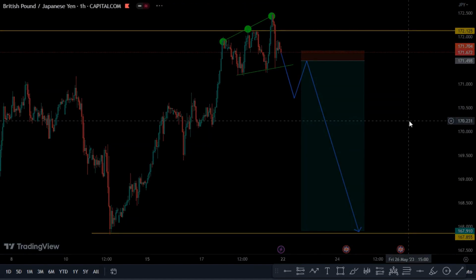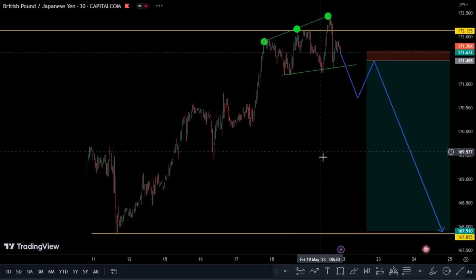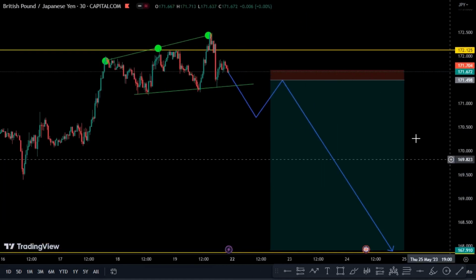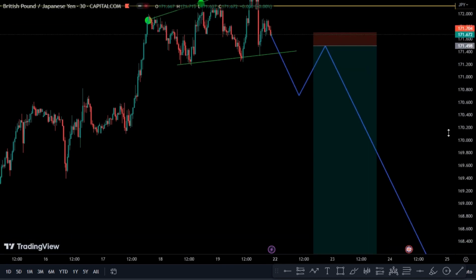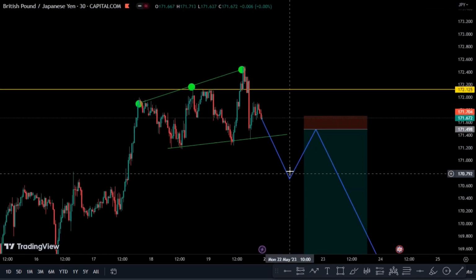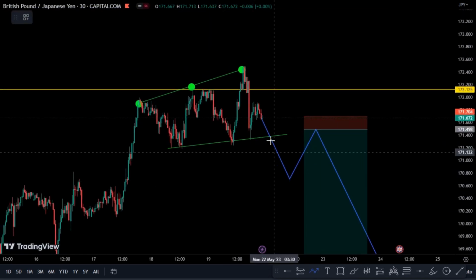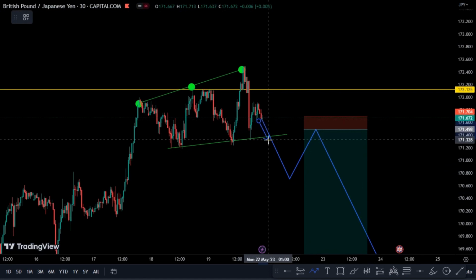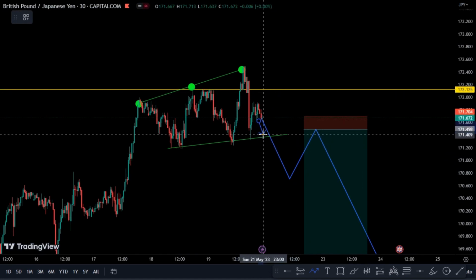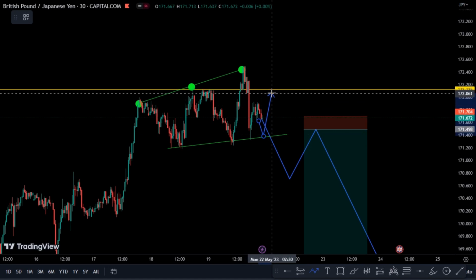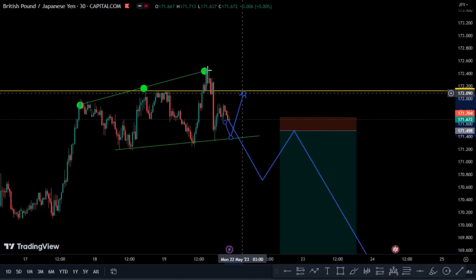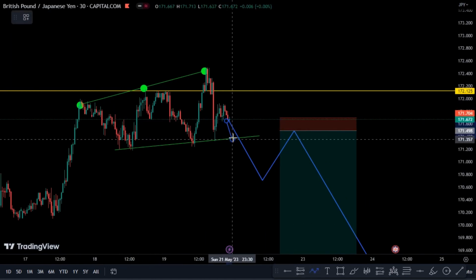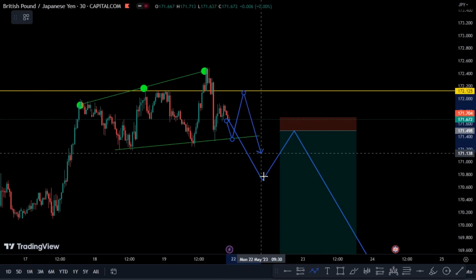Okay, then your entry should either be on a 30-minute time frame or on a 50-minute time frame, so you can capitalize accordingly. Or if this market was to reverse, okay, maybe hit here and then push to the structure here, I will definitely be looking for a sell around this area.